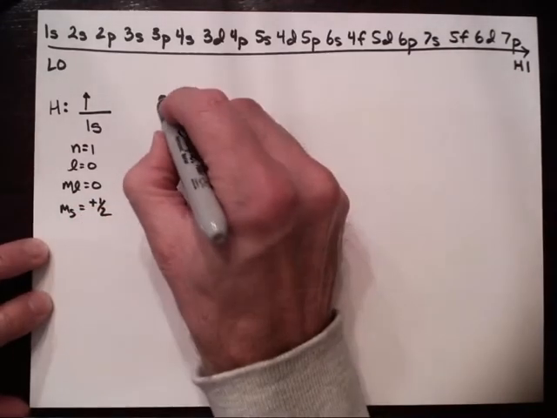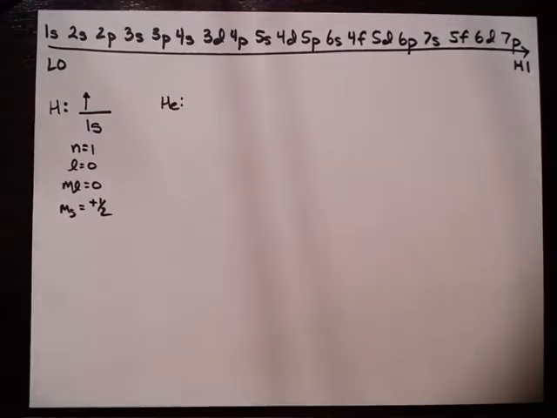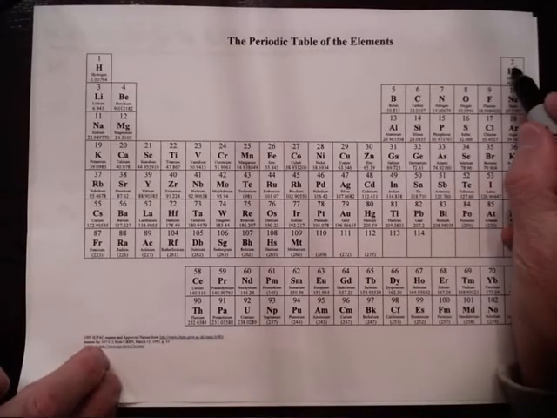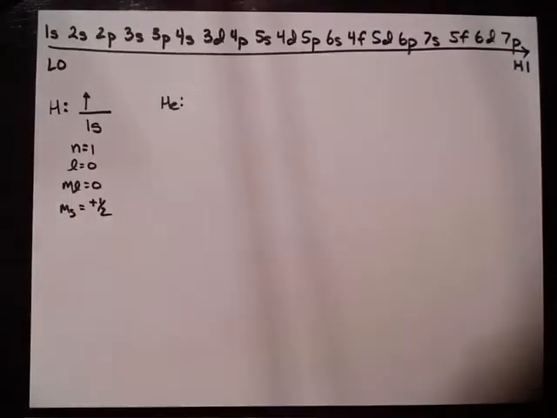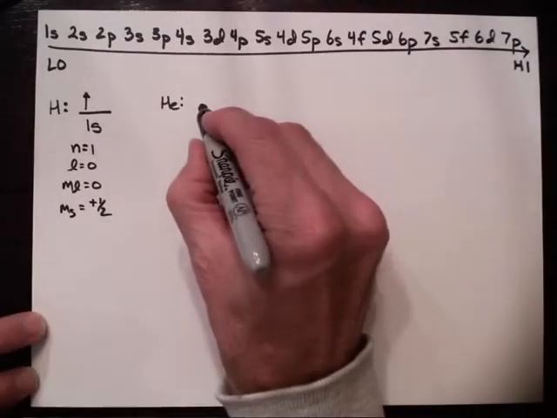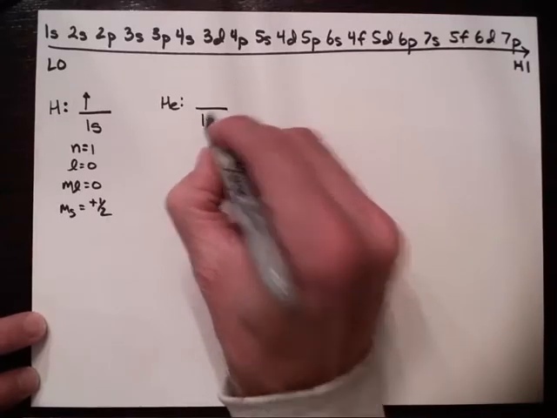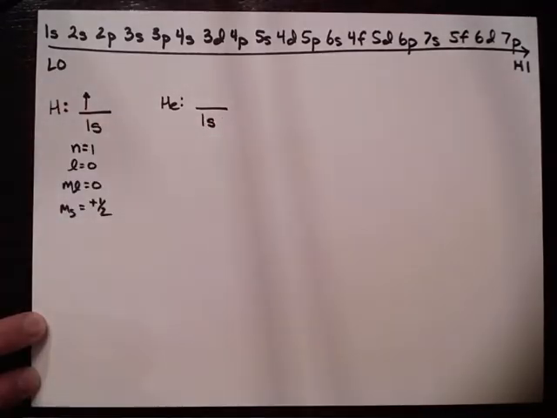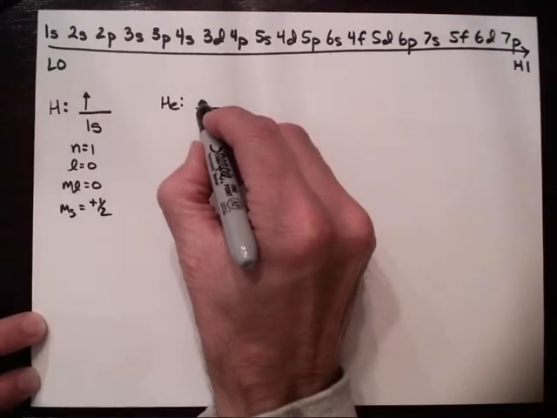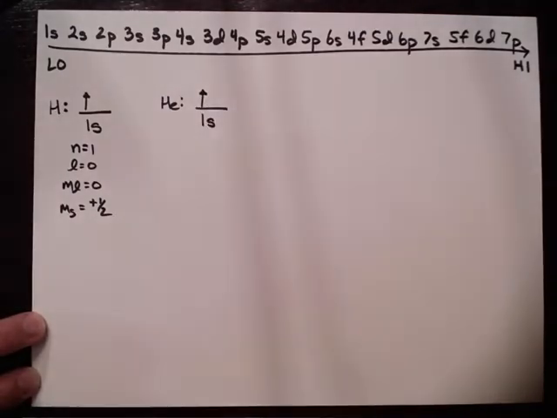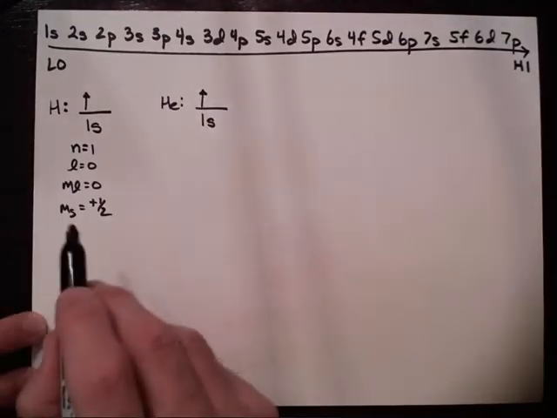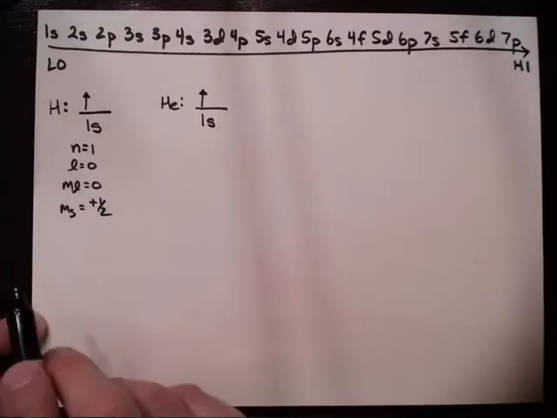Say we want to do a helium atom. In this case, we're going to need to fill in 2 electrons because a neutral atom of helium has 2 electrons. And so we're once again going to need to use our 1s orbital. That's where we're going to start. And we can put the first electron into our helium atom as such. The second electron, we've got to put in because it's helium.